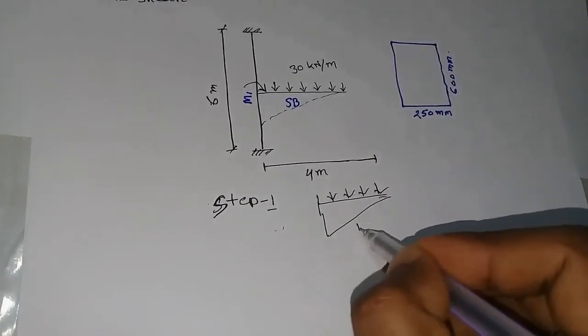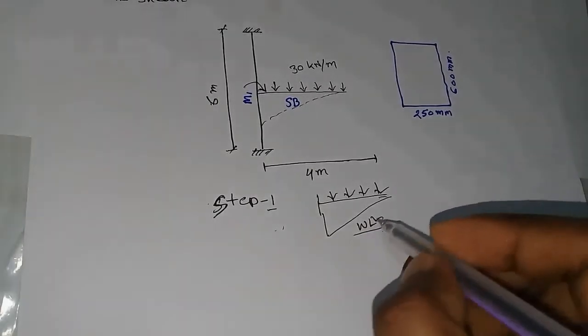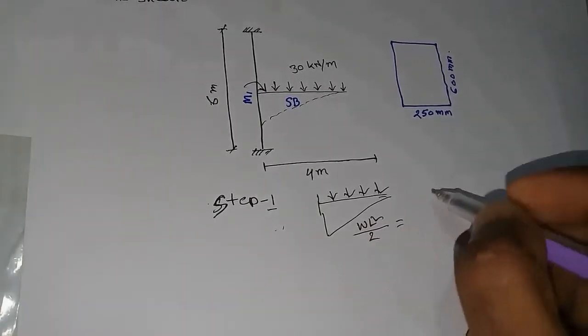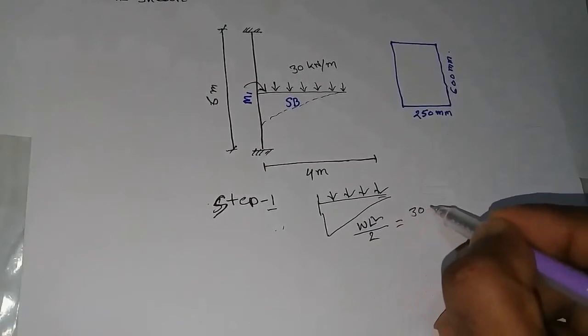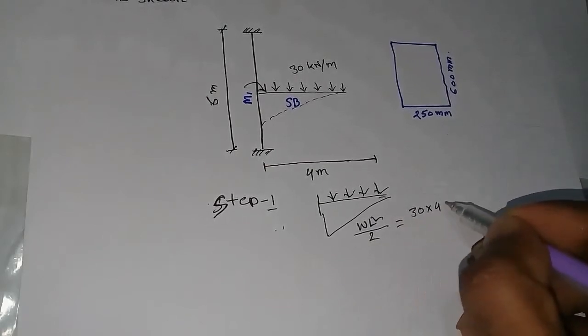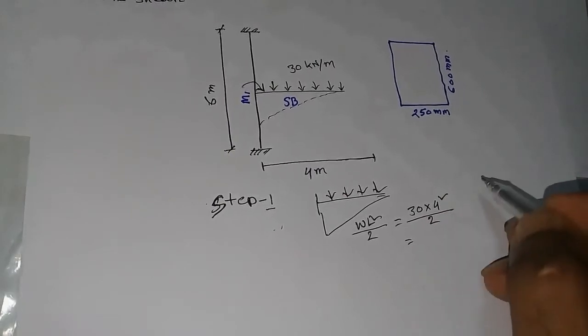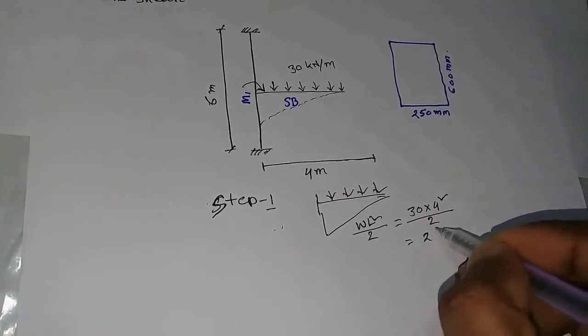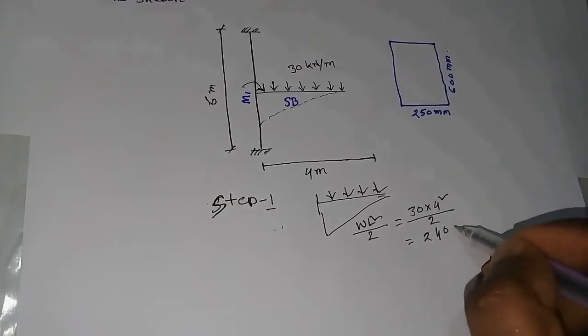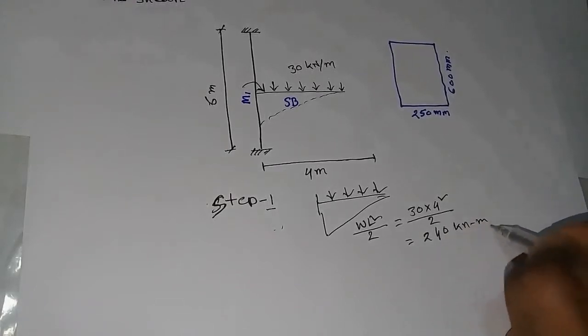Negative moment is WL square by 2, equal to 30 into 4 square divided by 2, that is 240 kilonewton meter.